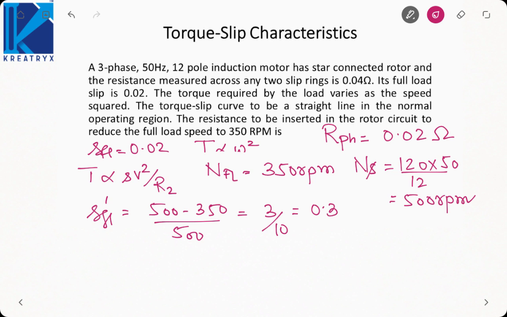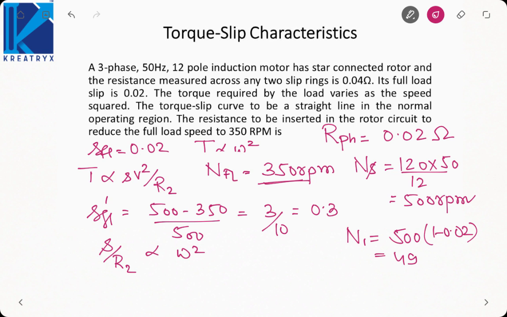Now I know torque is proportional to omega square, so what I can suggest, if voltage is not changing, S by R2 is proportional to omega square. Is it fine? So what is the speed initially? Now it is 350 RPM. Initially it would be 500 into 1 minus 0.02, that is 490 RPM.